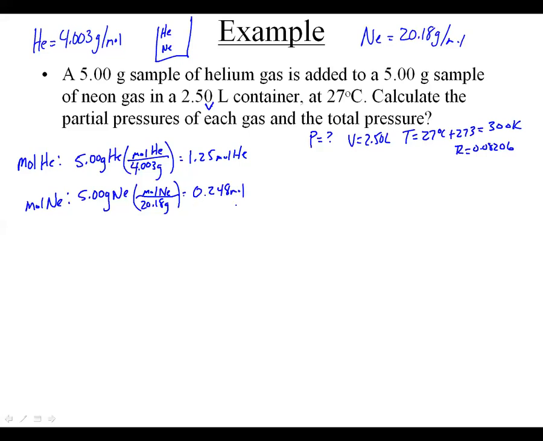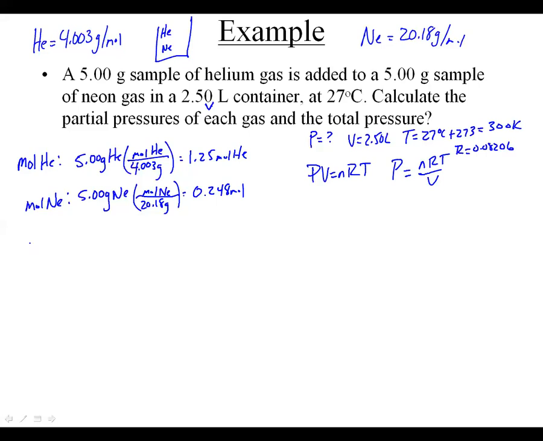So at this point, we essentially have everything we need for each of the gases to calculate the pressure. Here we're basically using PV equals nRT, and we're solving for P, which would be nRT over V. We just want to put everything in correctly here.